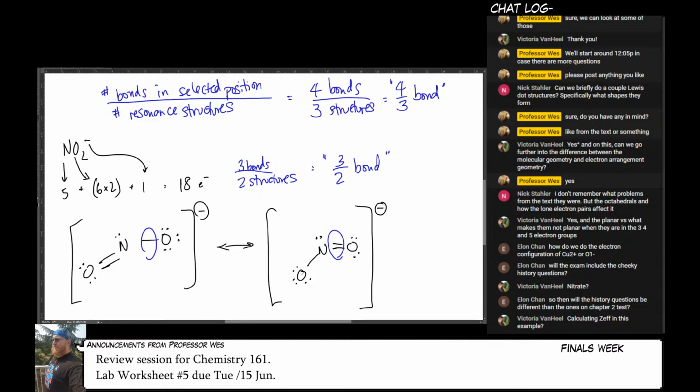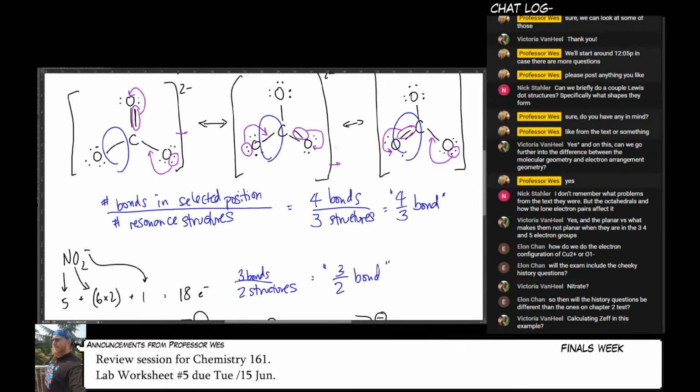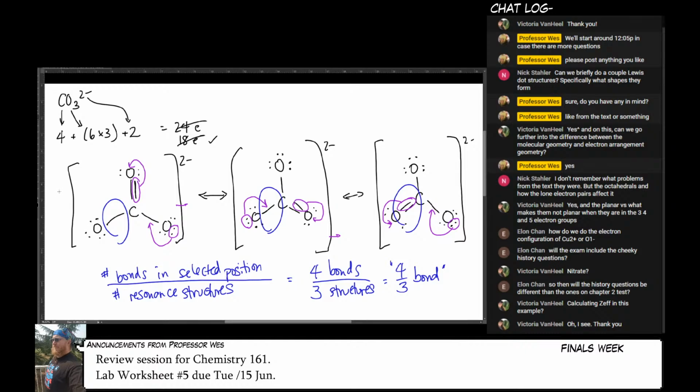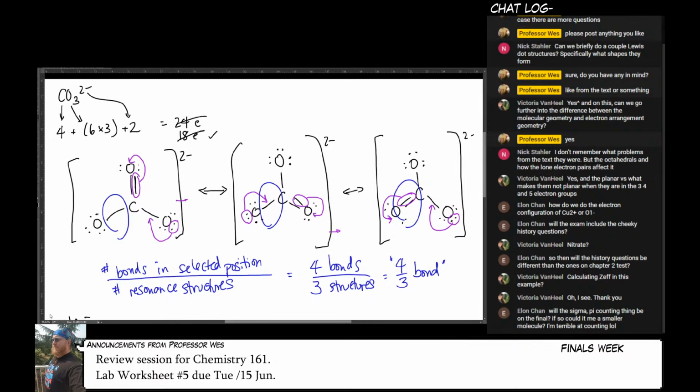Let me go up and make sure I'm not skipping anything here. So I do want to go over shapes real quick while we're on these molecules. If I go up to this one right here, and I count the number of electron groups around the central atom... Actually, this screen is kind of full of drawing. So did I draw on a different layer?